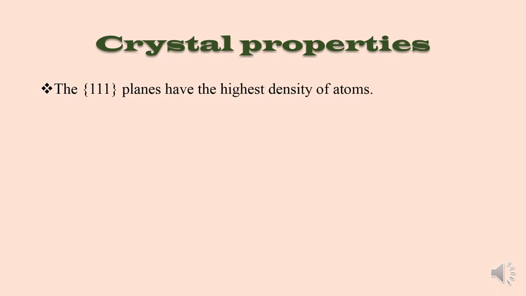First of all, in this slide, we discuss the crystal properties. The processing characteristics and some material properties of silicon wafers depend on its orientation. First point is the 111 planes have the highest density of atoms on the surface, so crystals grow most easily on this plane.